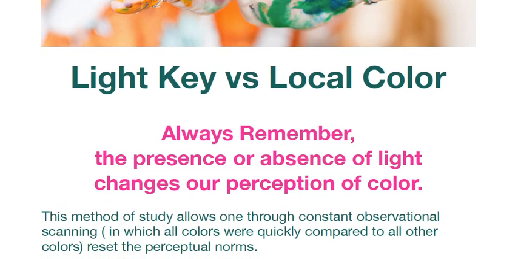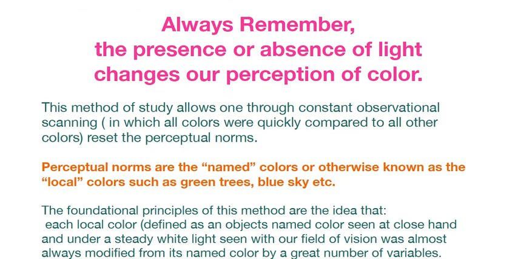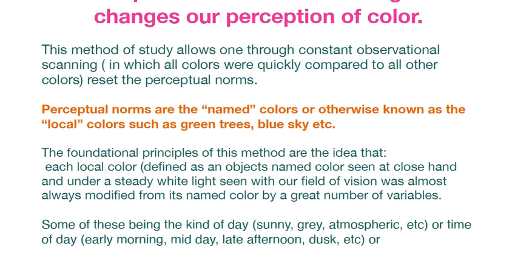So the object of the colorist is to get away from seeing or using our preconceived ideas of what color should be and start to train our eye to see what the color actually is.